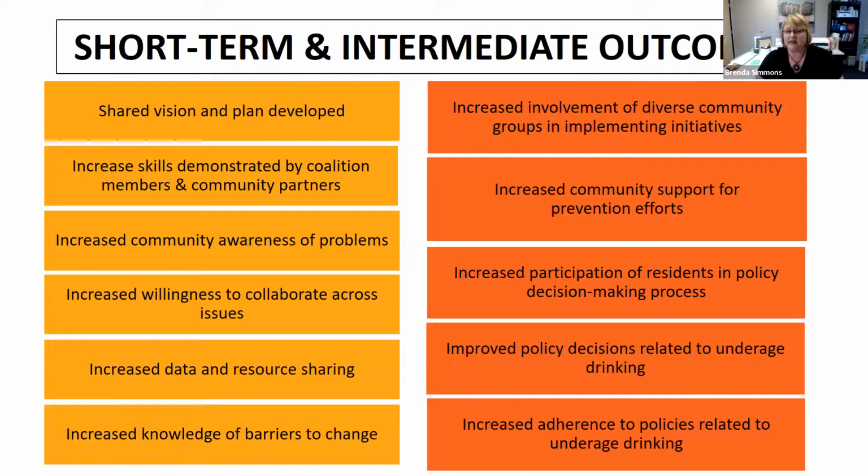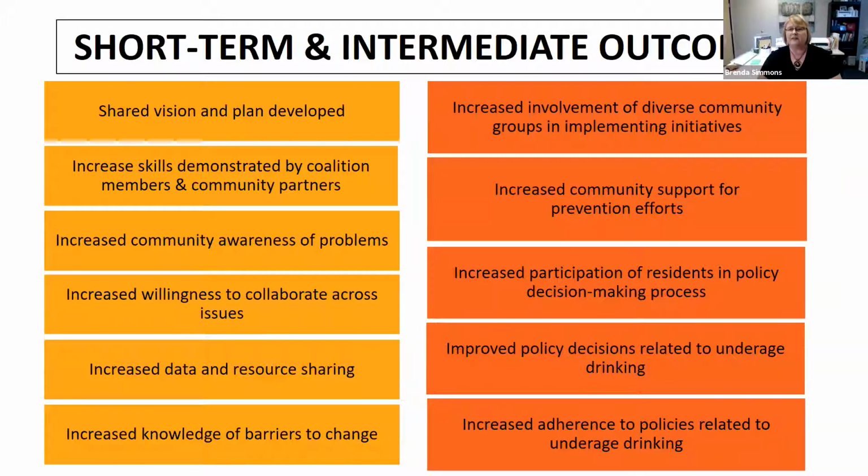And one of the things we're going to need, this is again a program about changing policy. And one of the things that we need to do if we're going to influence policy is have increased involvement from diverse community groups in implementing initiatives, and increased community support for prevention efforts.